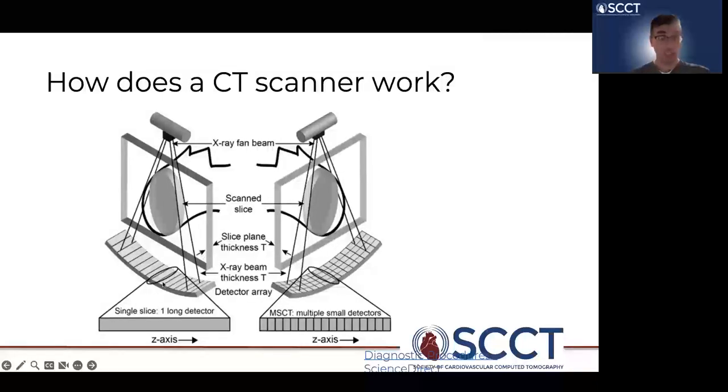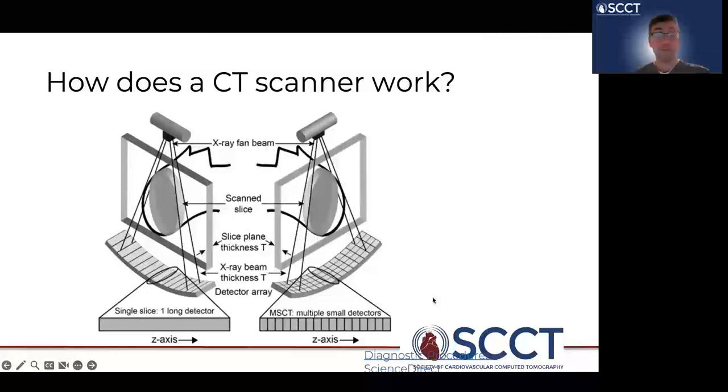On the left here is a single slice detector. So that's one detector for the area that you're evaluating in the Z-axis coverage, which is from head to toe. So it's just one detector. On the right is multi-slice detector. So we have multiple small detectors in that same Z-axis coverage as the single slice on the left here.